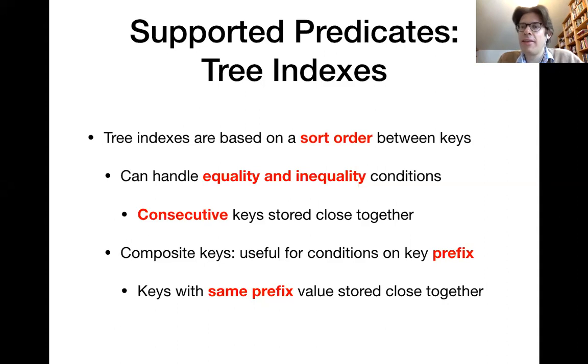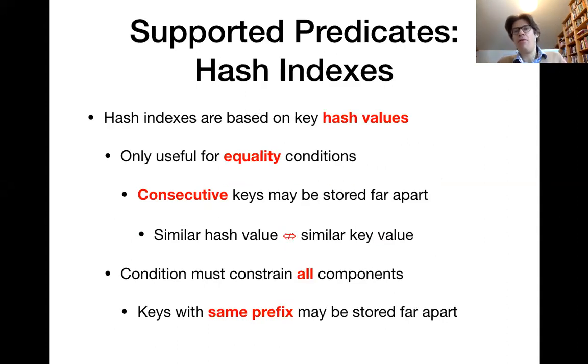Now let's see how that works for hash indexes. Hash indexes are based on hash values. That makes them useful for equality conditions, because if two entries have the same key, then the hash value is also exactly the same, and that means they will be stored in the same bucket.